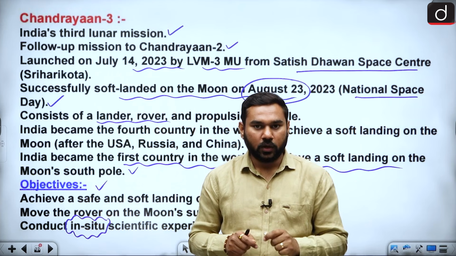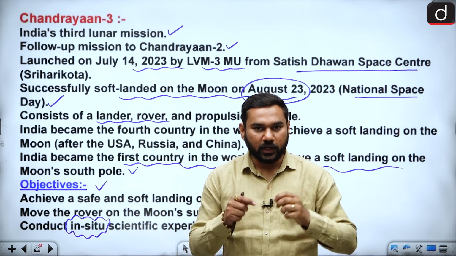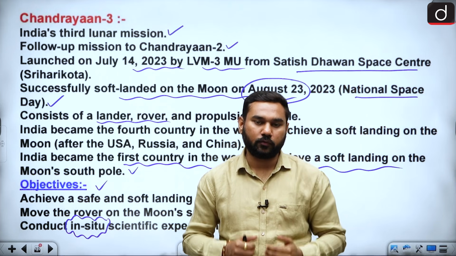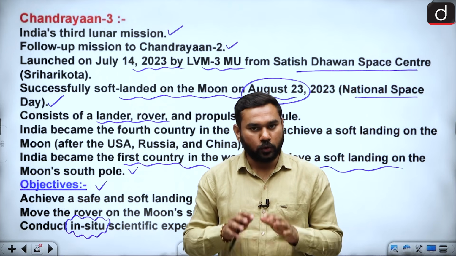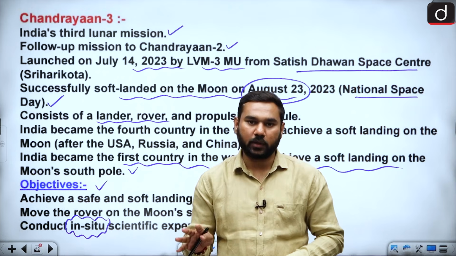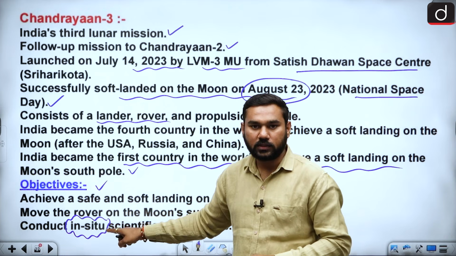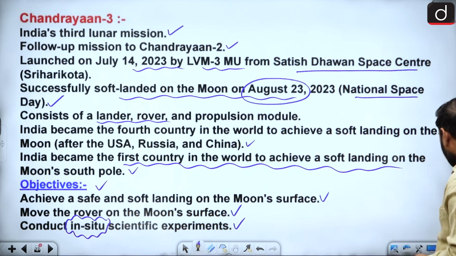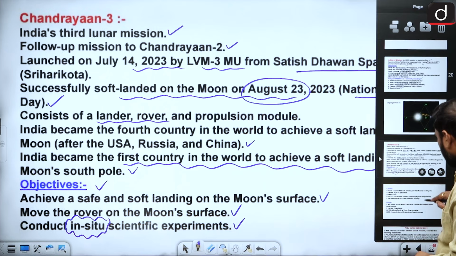Our lander and rover just collect the sample and do the experiment only on the surface of the moon, and only the data can be received from the moon. So we only receive the data, not the samples. This word is known as in situ experiment. Clear? Very important one.